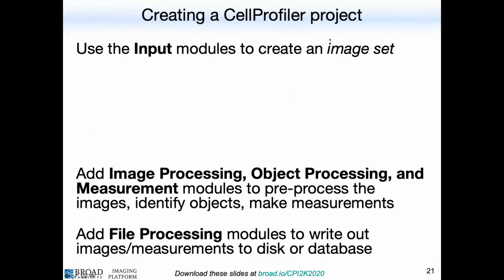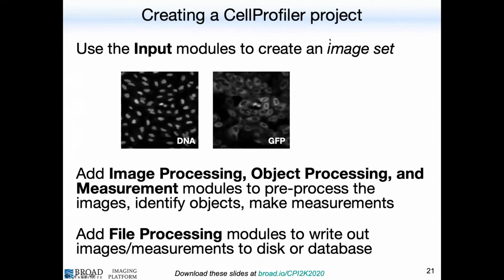Let's make sure I have all of these. I did talk about the image set, and after we set the image set, we go through and add the modules for image processing, object processing, and measurement modules.